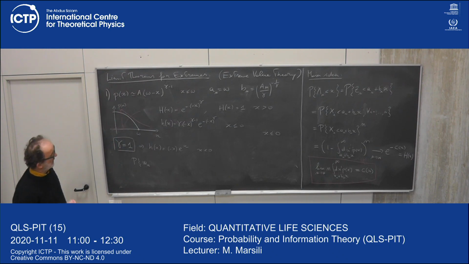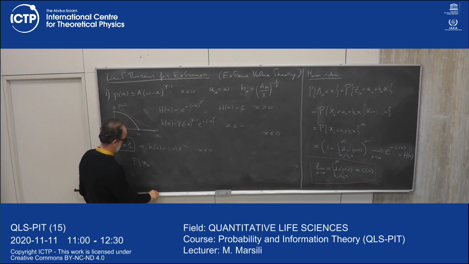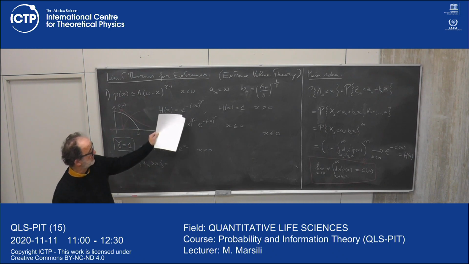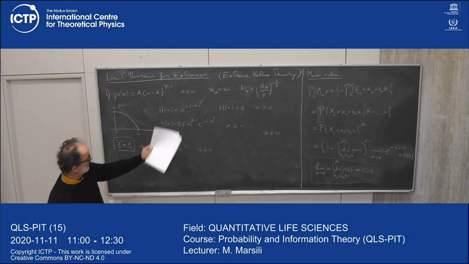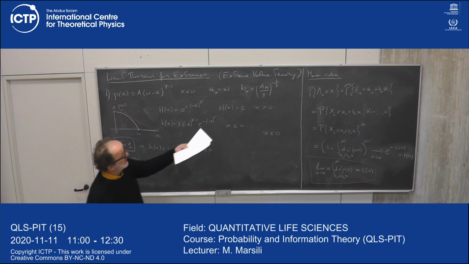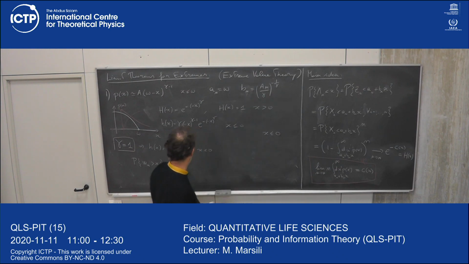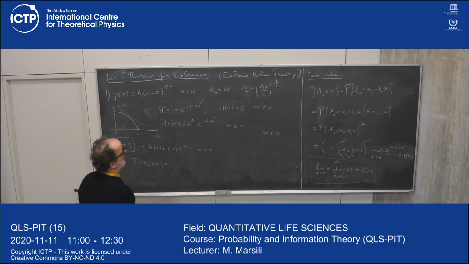Okay, so for any function of this form, the probability that the minimum is larger than x is essentially given by the exponential distribution with a Bn, which is essentially 1 over n. Okay.